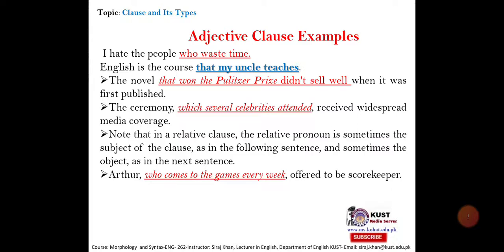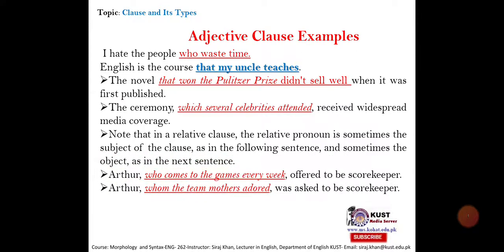Now, here the clause modifies the noun Arthur. Arthur, whom the team mothers adored, was asked to be scorekeeper. Now, here it plays the role of an object. Whom?